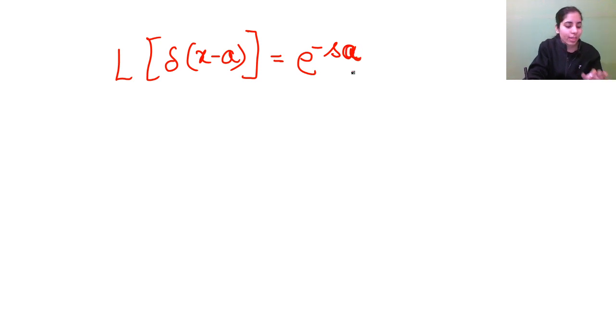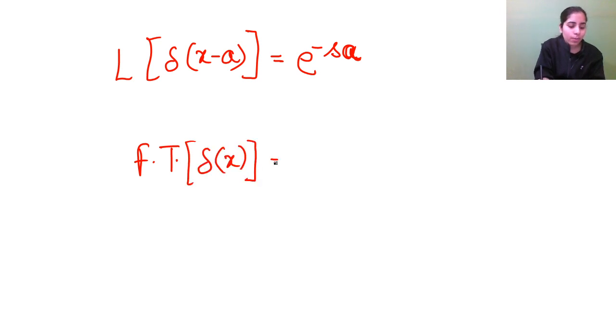And next, the Fourier transform of the Dirac Delta function: for the Fourier transform of delta x, it is 1 upon 2 pi. Clear? Will it be just 1 upon 2 pi every time?